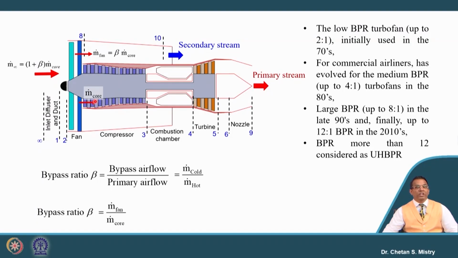Later on it reached 8:1 in the 90s, and during 2010 it reached 12:1. The bypass ratio increase we will discuss as we move ahead. These days people have started talking about ultra high bypass ratio engines, where the bypass ratio is more than 12. Okay. So, this is what we say is the future.